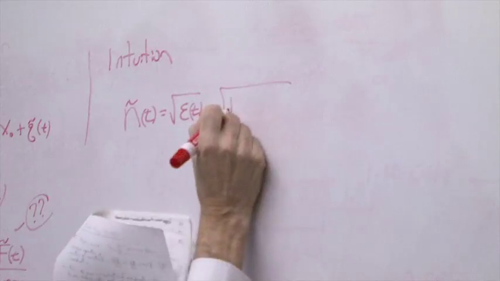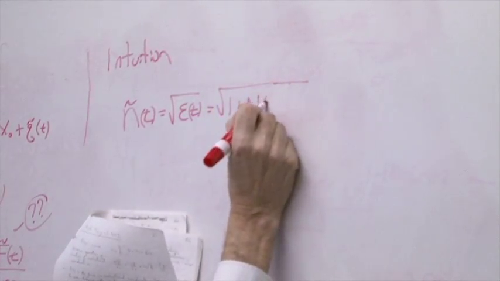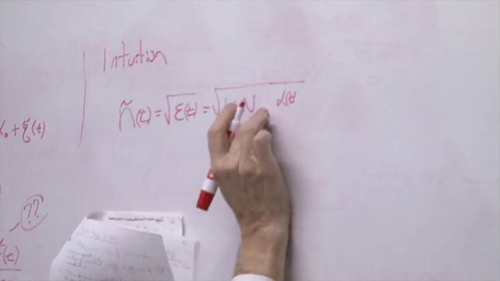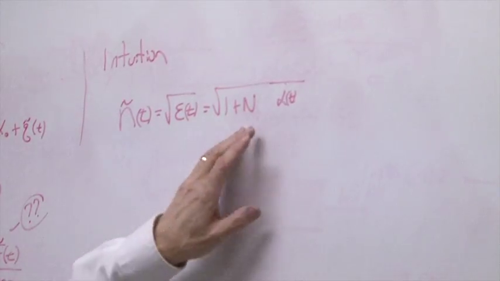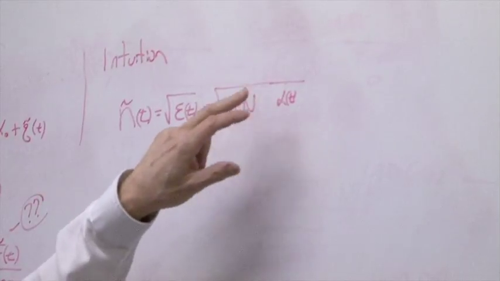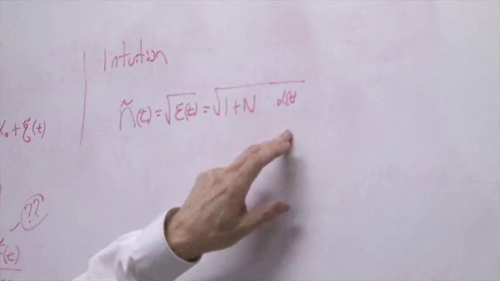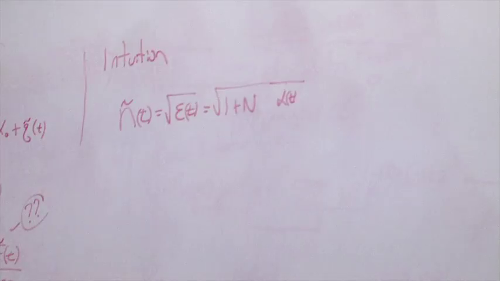So this will be the square root of 1 plus N alpha of t. The epsilon 0 does not appear here, well, by my convention. I choose not to embed the epsilon 0 into the alpha so that alpha has the dimensions of a volume, which justifies the intuition that bigger things have bigger polarizabilities.